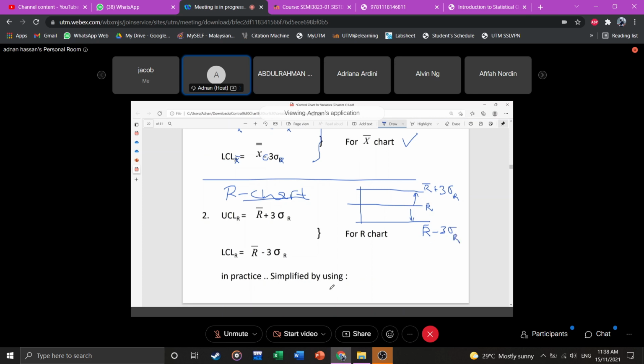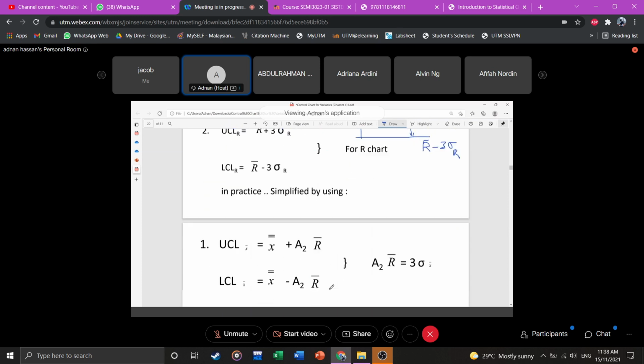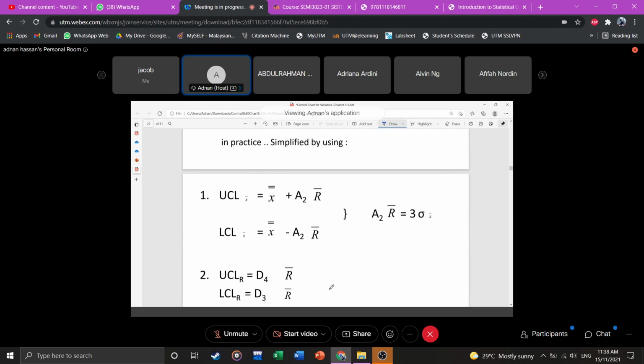Okay, so what is shown? In practice, it has been simplified this way. Because in the past, as I mentioned earlier, there was no calculator, and on the shop floor they like to make it very simple. So what we do is replace this: 3 sigma X bar is replaced by A2 R bar. So same also here.